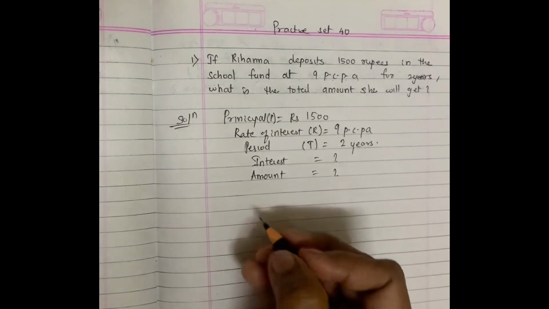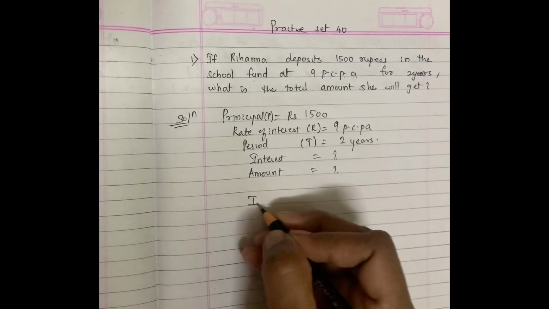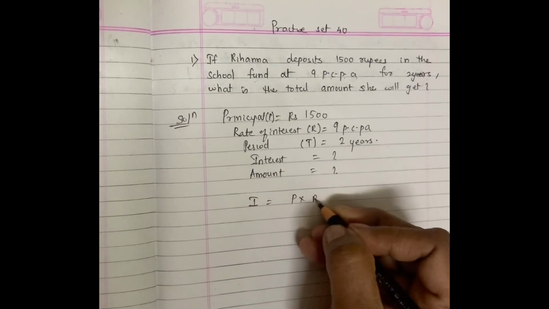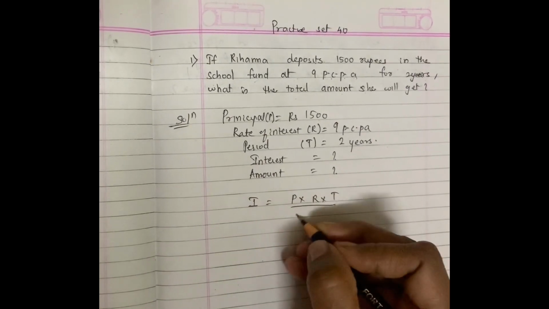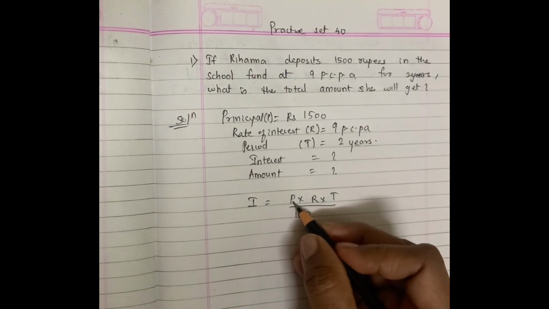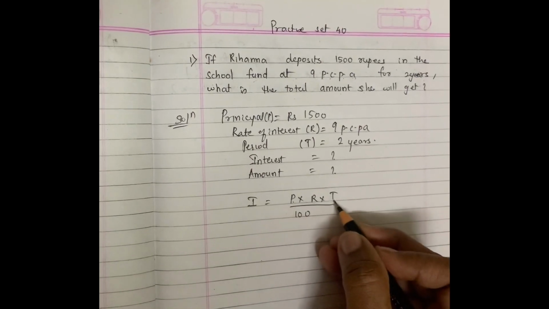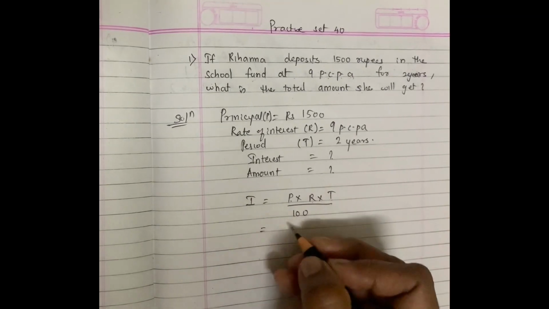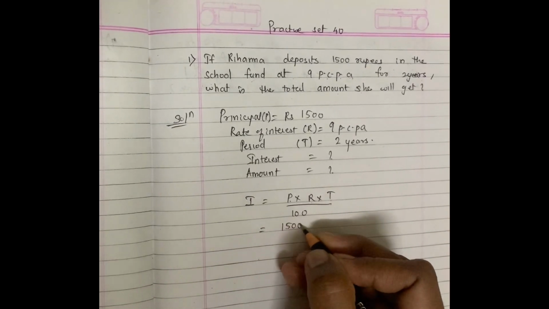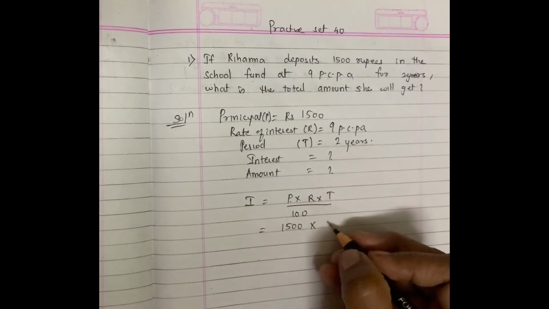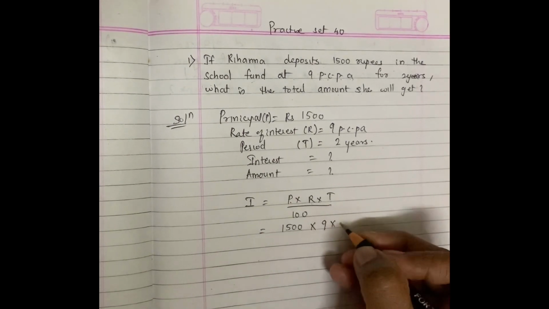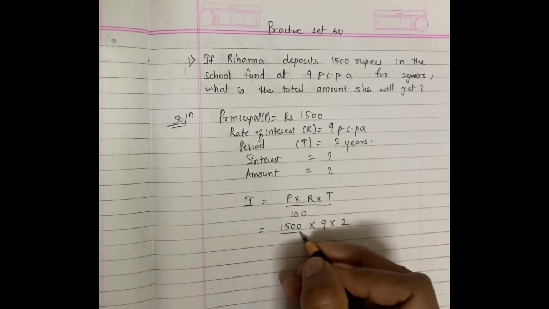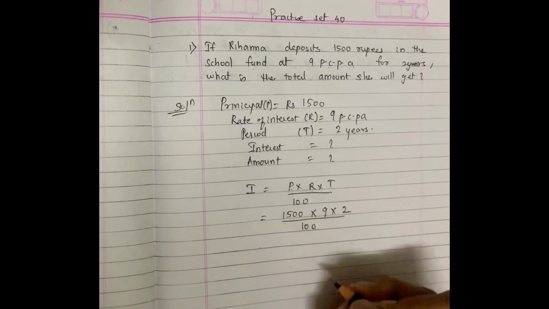Now, what is the formula for simple interest? I equals P into R into T upon 100. P is the principal, R is the rate of interest, T is the period, that is number of years, upon 100. So here 1,500. What is the R? 9. What is the T? 2, upon 100.